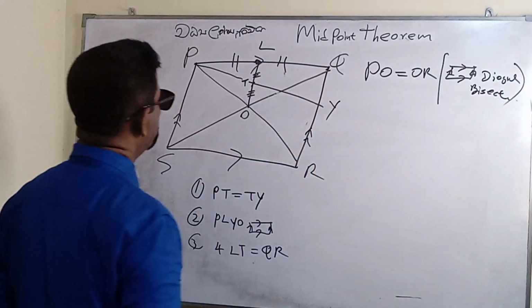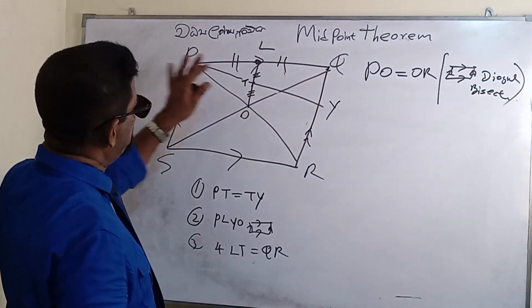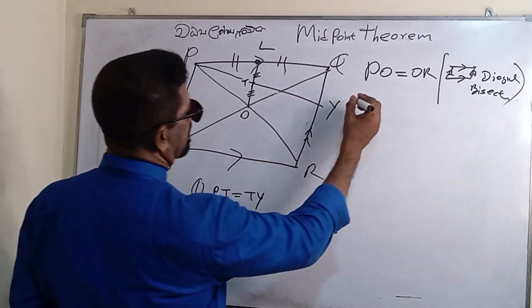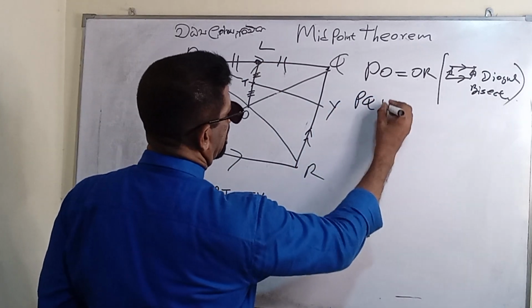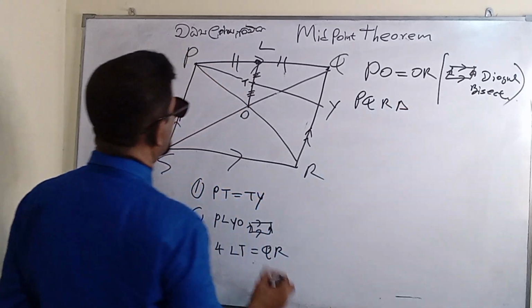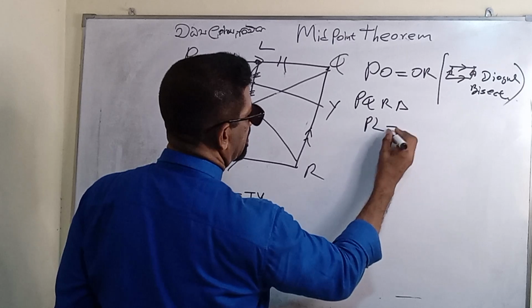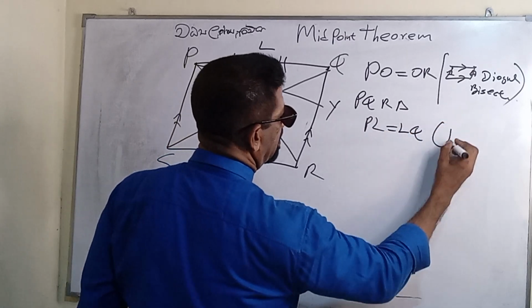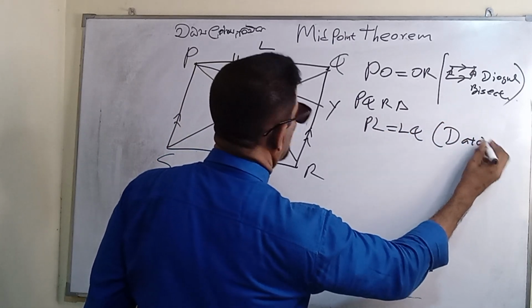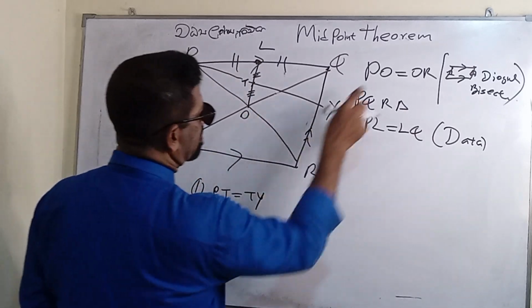That's the first one. Then you select triangle PQR. PL equals LQ, we are given that in the data. PO equals OR, you already proved.